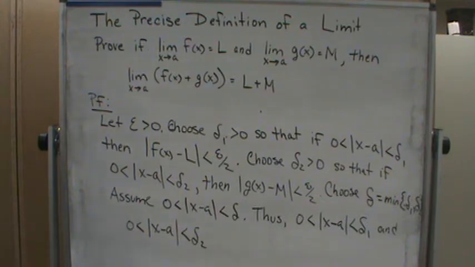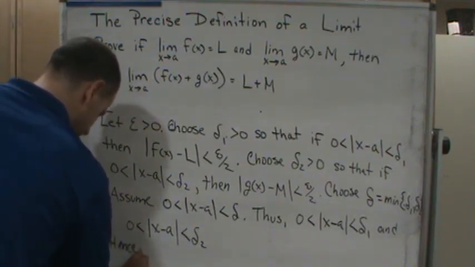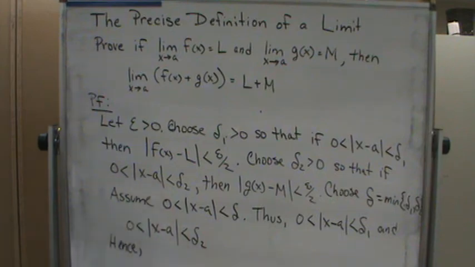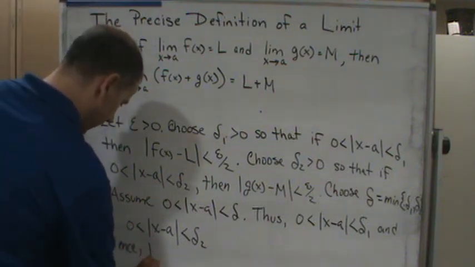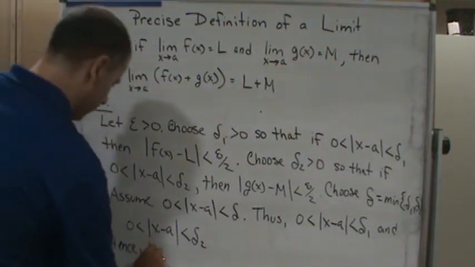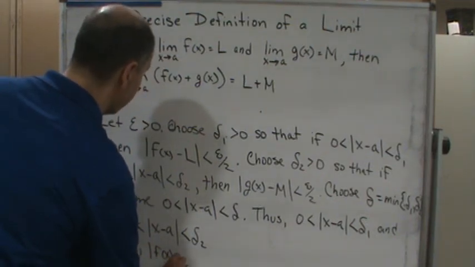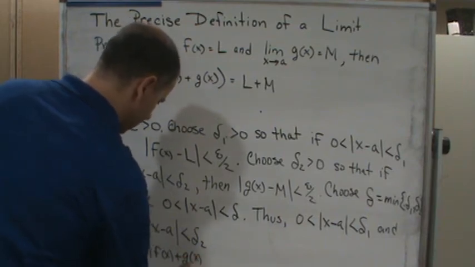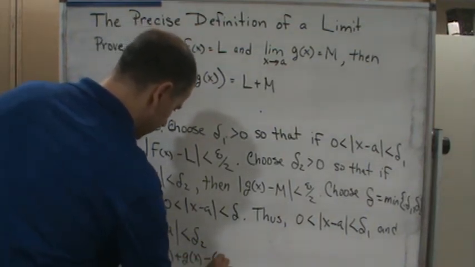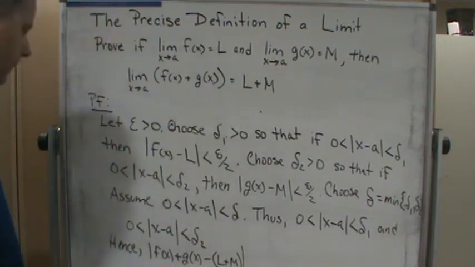Now, hence, okay, now we put it together, and what do we get? We have the absolute value of f of x plus g of x minus L plus M, right?